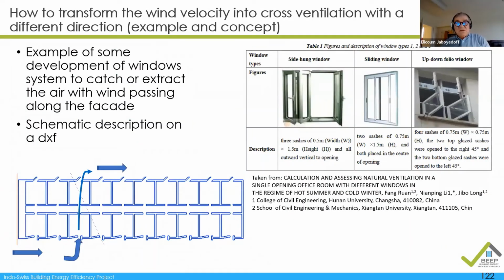Now, one of the main questions that people ask is how do you do this without very special and awkward architecture to catch the wind, which is passing essentially in a linear parallel flow to the facades. So here is an example which was developed recently in China in research, where they have been looking at different window systems to see how they could impact the natural ventilation in even a single opening.